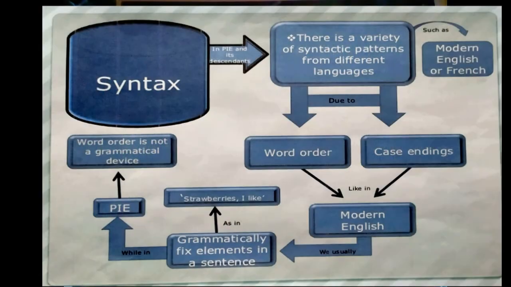The syntax of the Indo-European proto-language had the following features. In Proto-Indo-European, there was a variety of syntactic patterns from different languages, because those 11 families had their features even in Proto-Indo-European, and those 11 languages had the status of dialects of the Proto-Indo-European language.